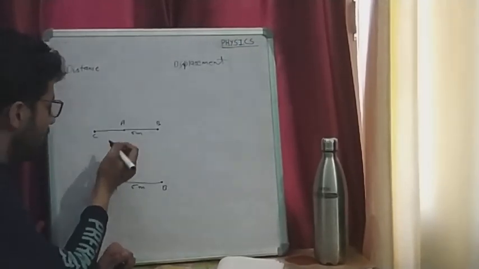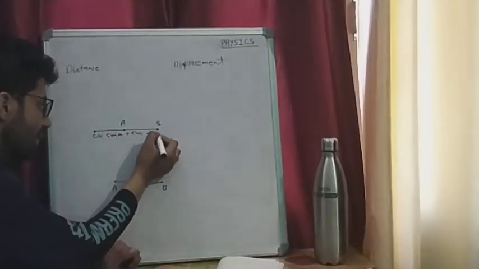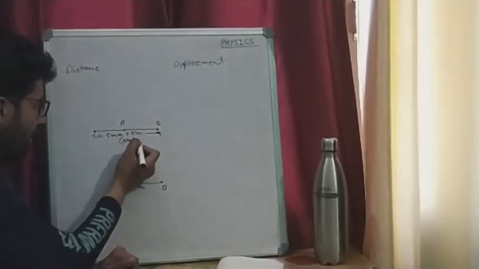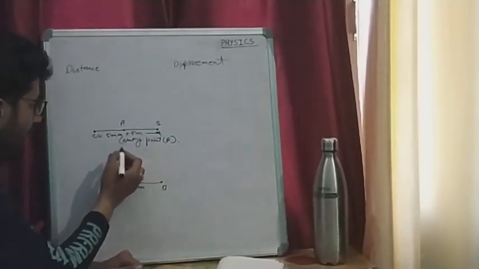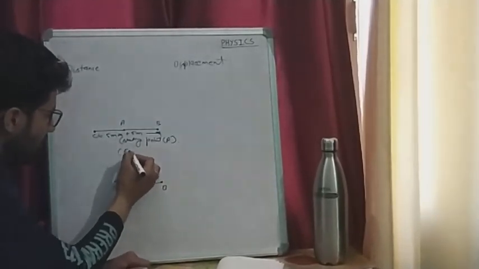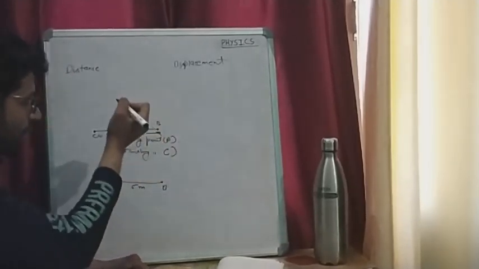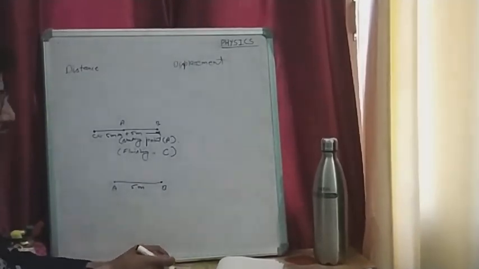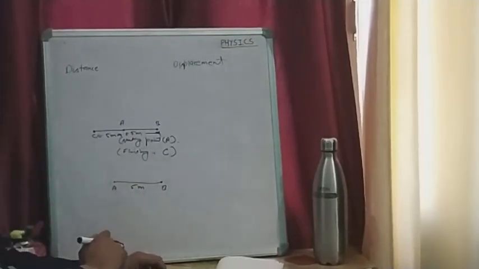Suppose this is also 5 meter. So this is our starting point A, and the last, finishing point is C. In this case, I am asking you, what distance is covered by that person from A to C, and what is the displacement?